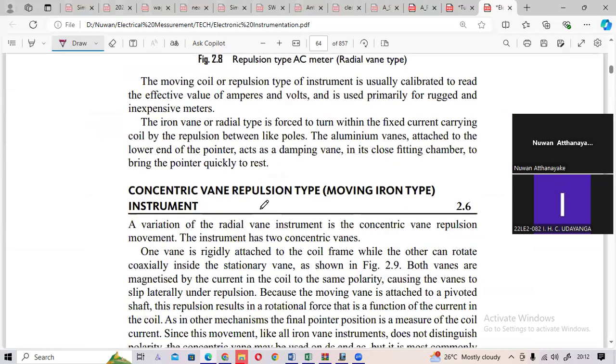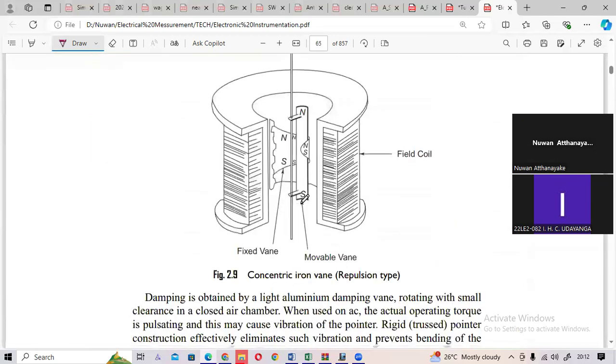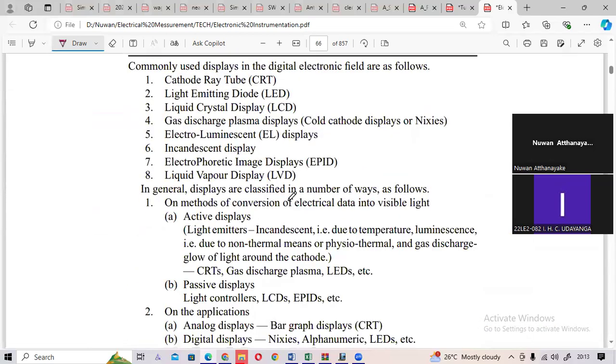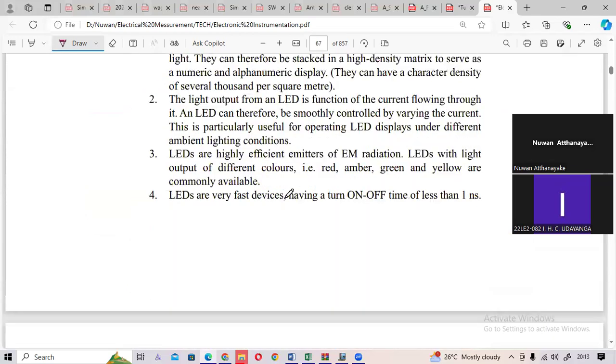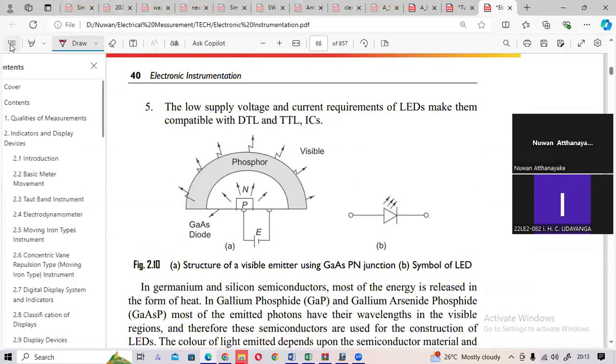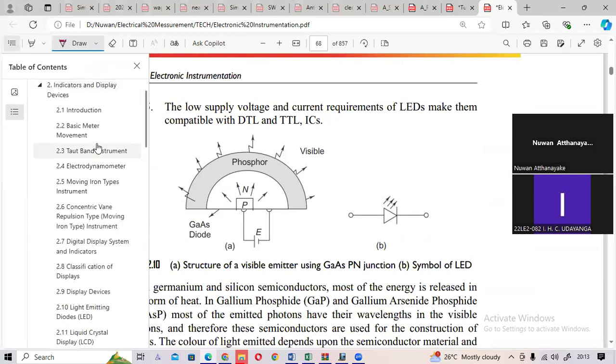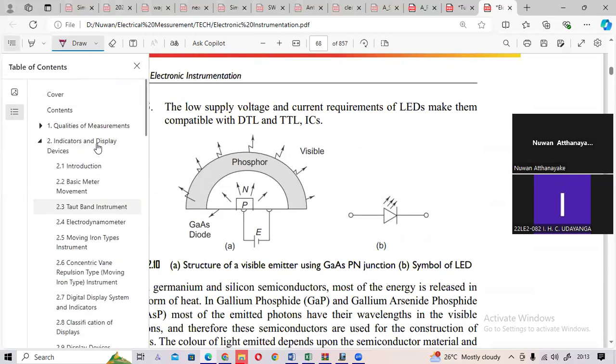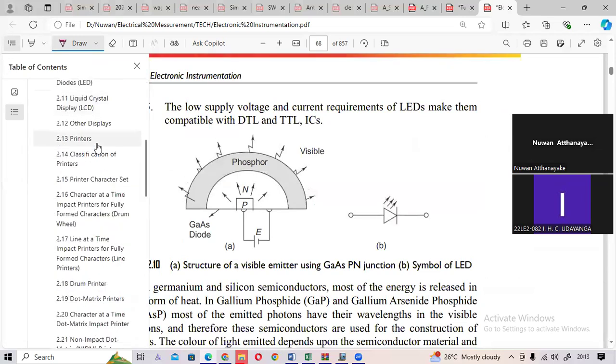Now, you know how to measure current and voltages, AC current and DC current, using Diasono setup. So you should have that basic idea. That's all.